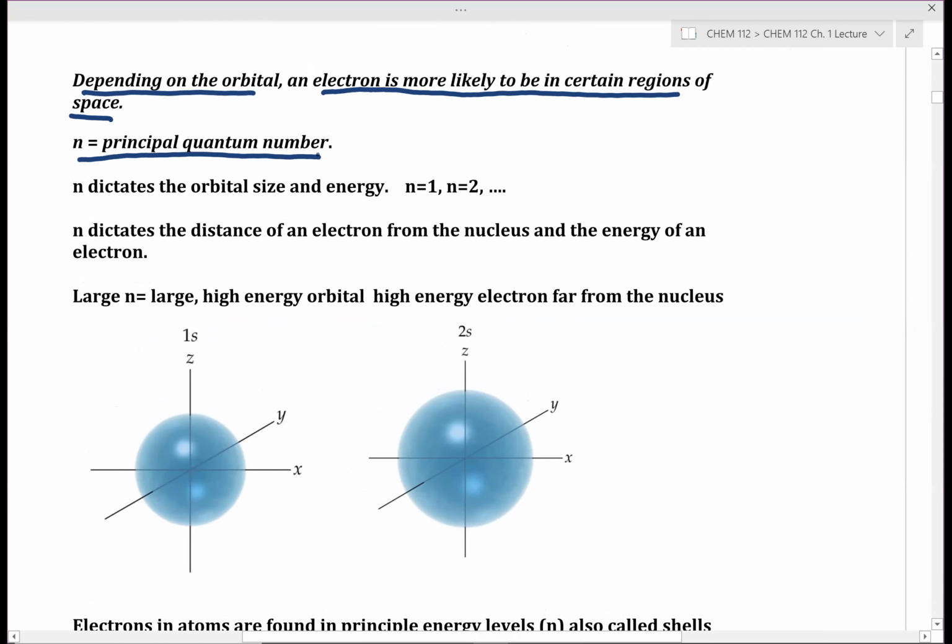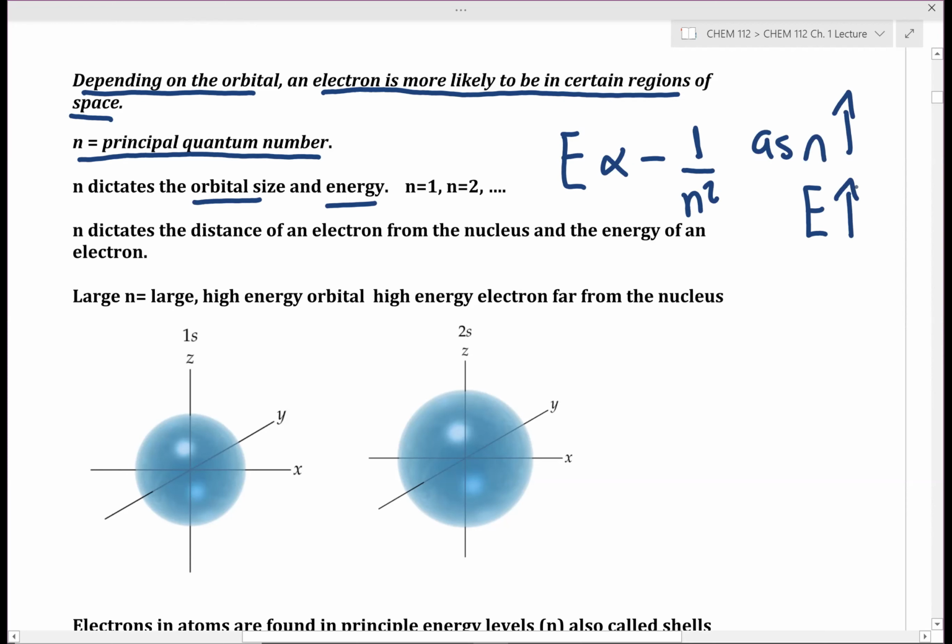The reason why the principal quantum number is so important is it dictates the orbital size and energy. So it controls how large our orbital is, how far away from the nucleus our electron is, and how high of an energy the electron has. So the energy of an electron is proportional to -1 over n squared. So as n increases, our energy increases.